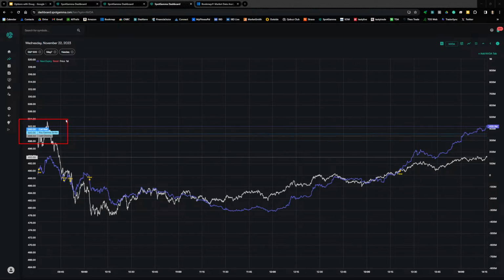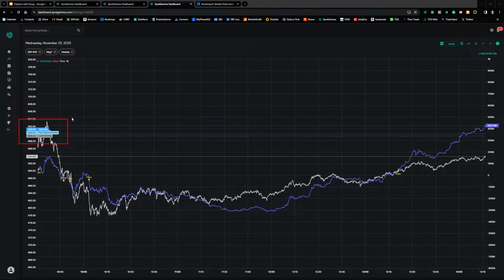Nvidia traded just below that level, closed just below that level yesterday, and then it acted as resistance today as traders were taking profits or just taking negative delta positions for whatever reason.